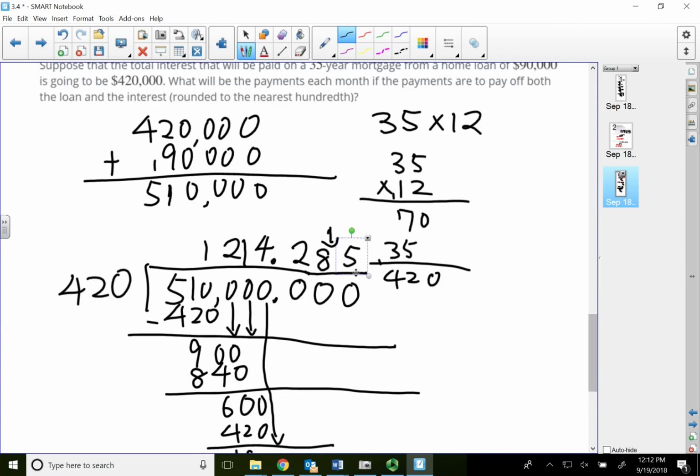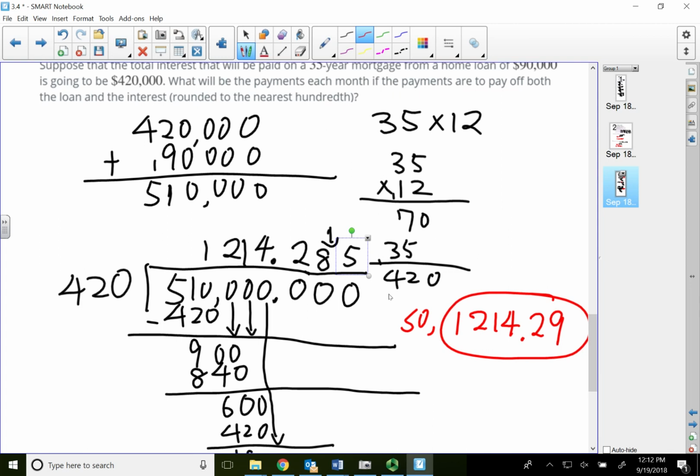I can stop right here because once I know the thousandths place is 5, the 8 in the hundredths place is going to go up. So my payment is going to be about $1,214.29. Okay, that's basically my estimation.